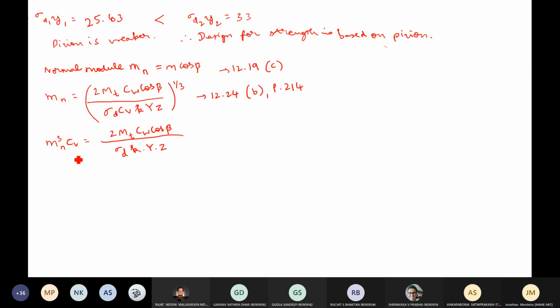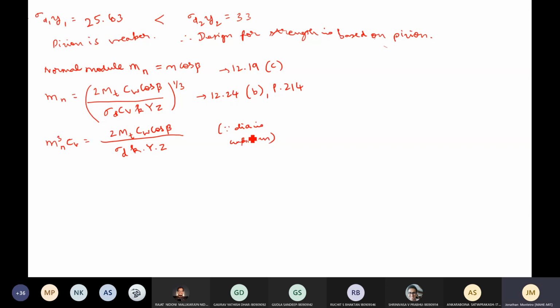In this problem, Z is known, but the diameter is unknown.